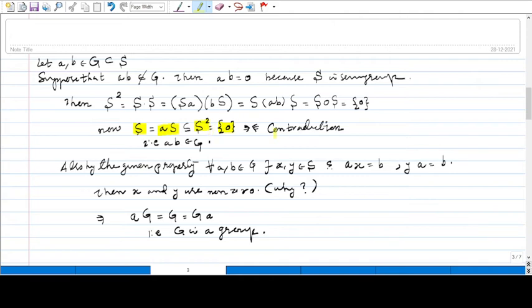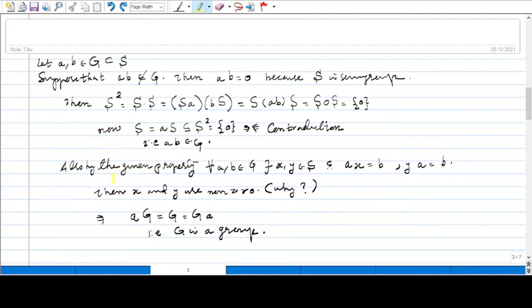So that is a contradiction. Our assumption is wrong. The closure property is holding. That means AB belongs to G. We got the contradiction because we assumed that AB does not belong to G. So the closure property is satisfied.